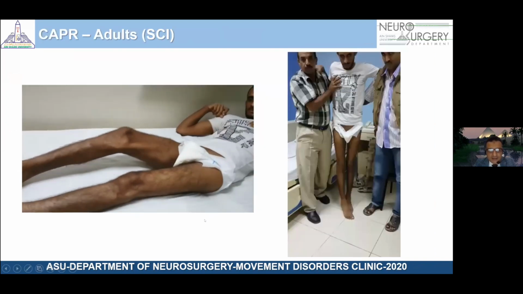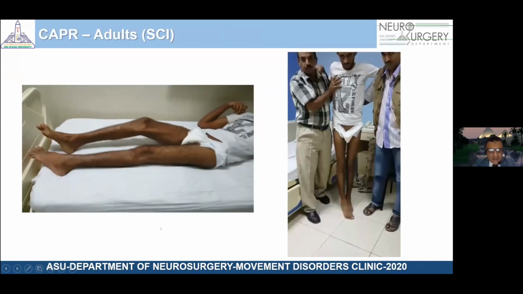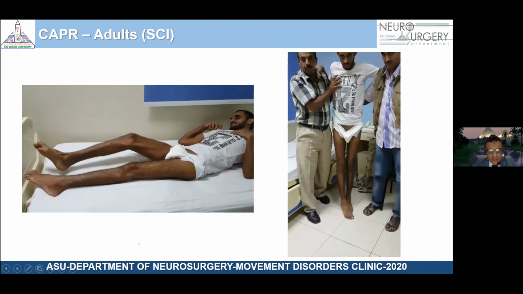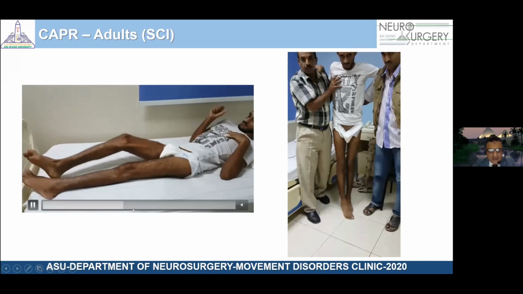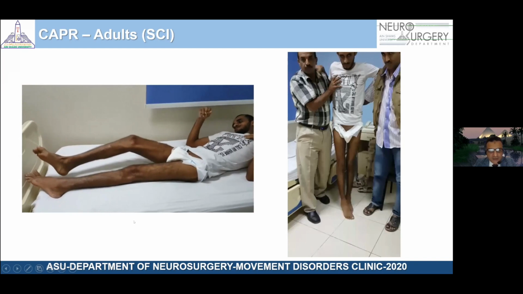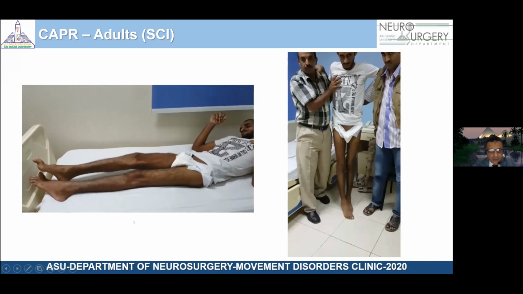Also in adults, fortunately, this is a Yemeni patient with spinal cord injury, and he had a very severe form of spastic dystonic hypertonia in both lower limbs.